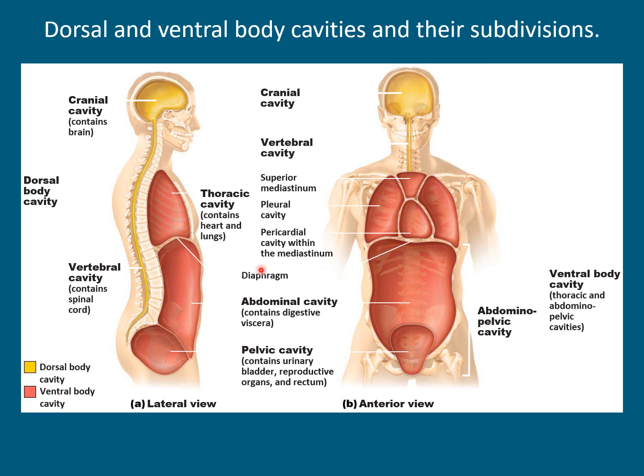So once again, in this picture, from this side view or lateral view, here's the thoracic cavity, abdominal pelvic. So here's the abdominal, here's the pelvic, and from this anterior front view, you can see with the thoracic cavity, here are the two pleural cavities that have the lungs.